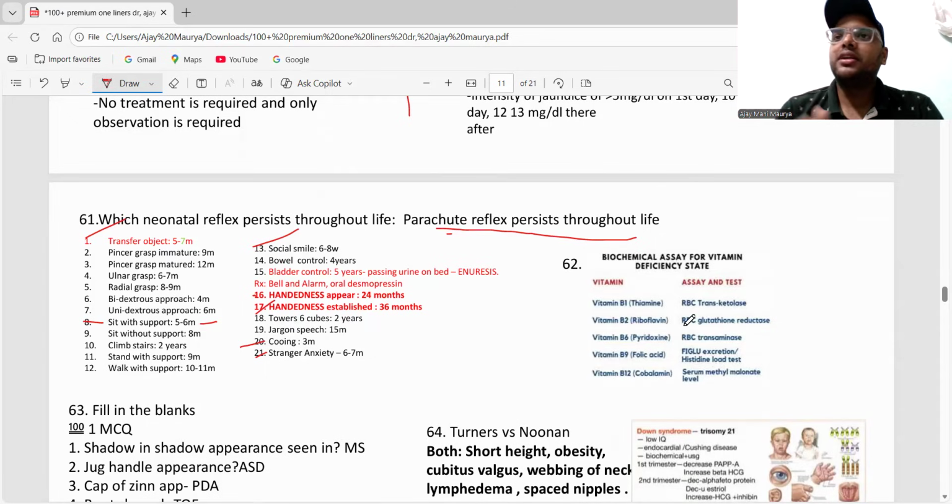RBC glutathione reductase is for B2. For the RBC transaminase, you have to do it for B6. Remember, pyridoxine deficiency causes burning feet syndrome.